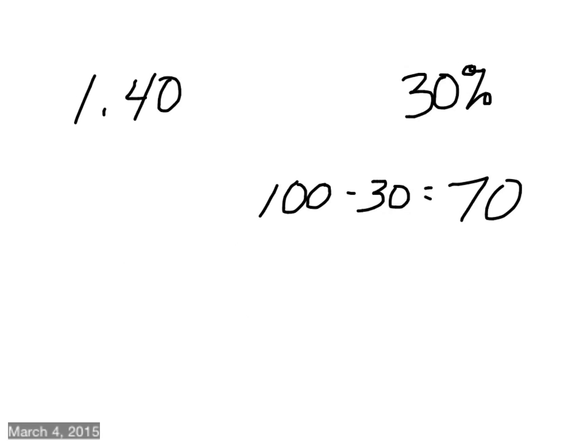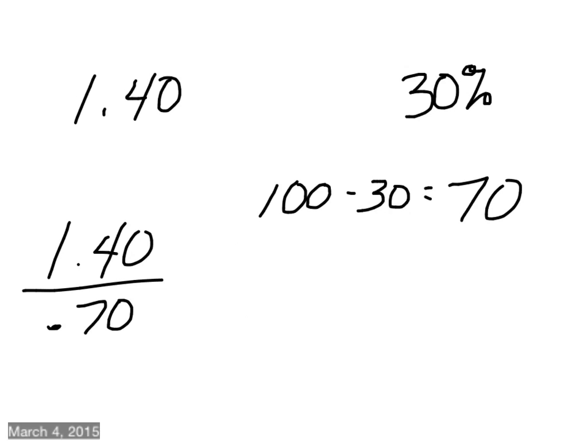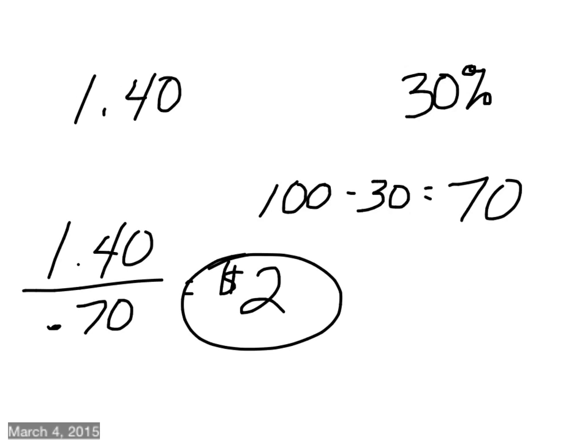So then I take the $1.40, the cost, and I divide it by 0.7, because 0.7 is 70% in decimal form. What is $1.40 divided by 0.7? 2. So whatever that $1.40 was for us to buy it, we're going to turn around and sell it for $2. That way we cover our overhead costs and make a little bit of a profit.